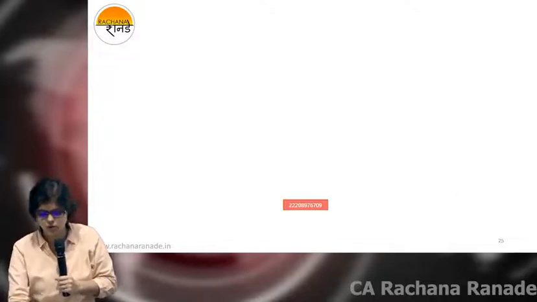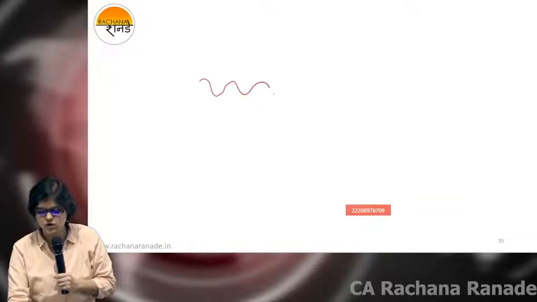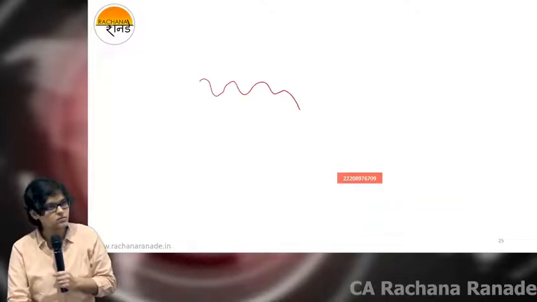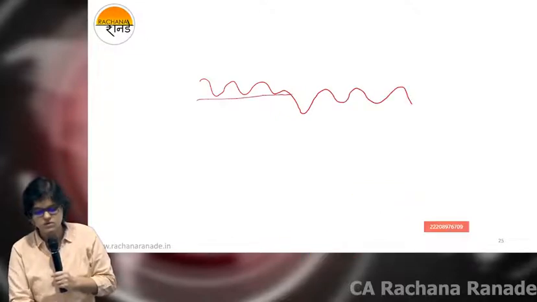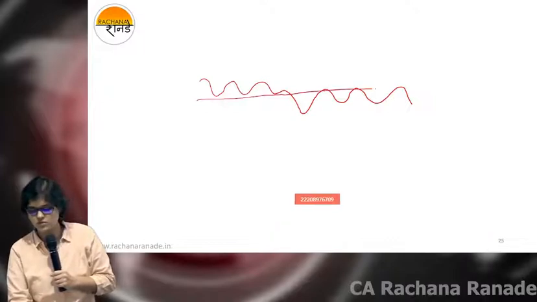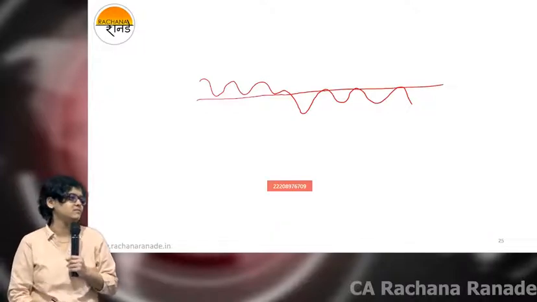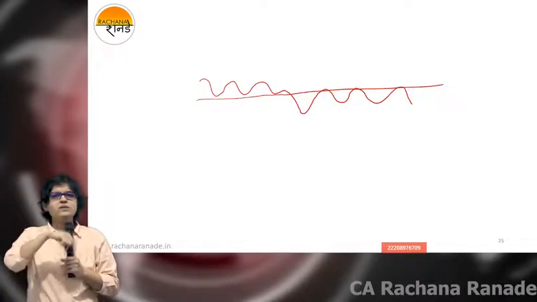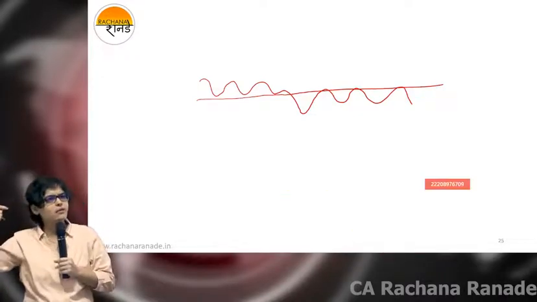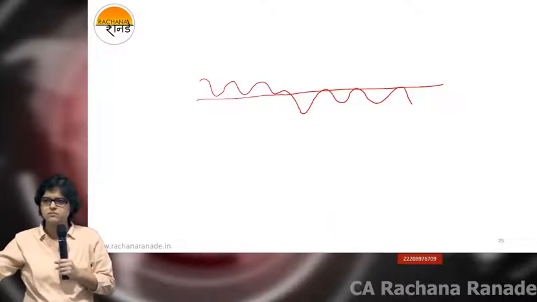Once it was a support, so assume 1, 2, 3, breakdown, and 1, 2, 3. So this was support, now this is becoming resistance. And similarly the reverse, a resistance can become a support. Is this very clear? Yes.